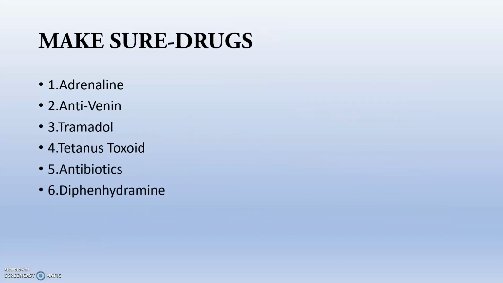So make sure that you have the drugs: adrenaline, to prevent the anaphylaxis, and antivenin, to combat the venom. Next is tramadol, used as an opioid painkiller to relieve the pain. Next is tetanus toxoid. Since the snake's mouth hosts many bacteria, we should go for tetanus toxoid.